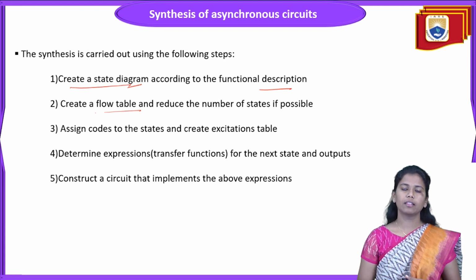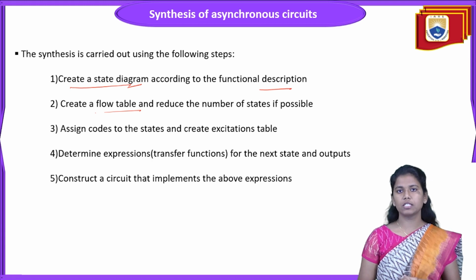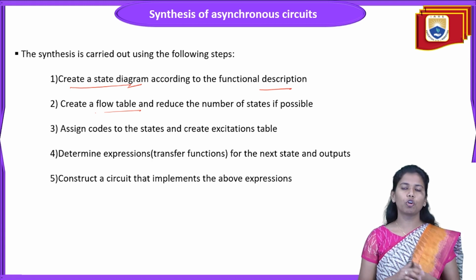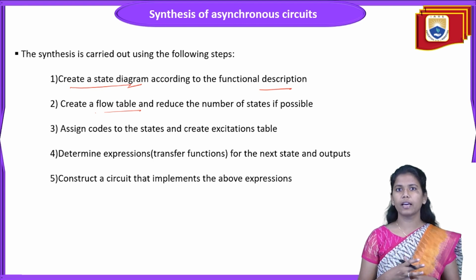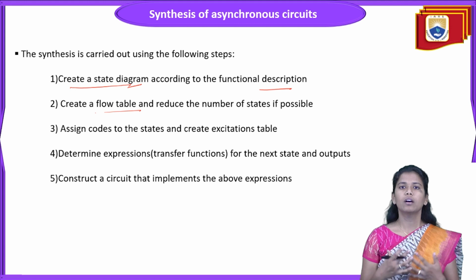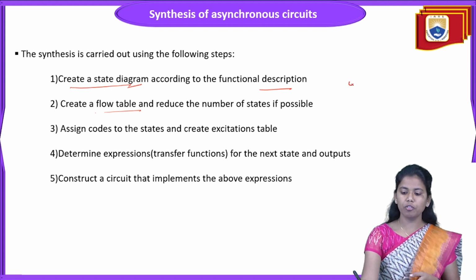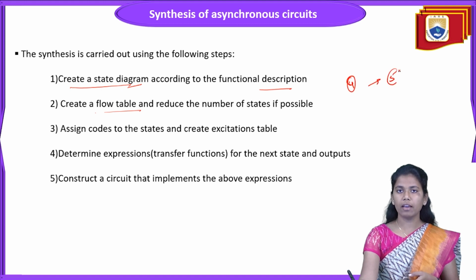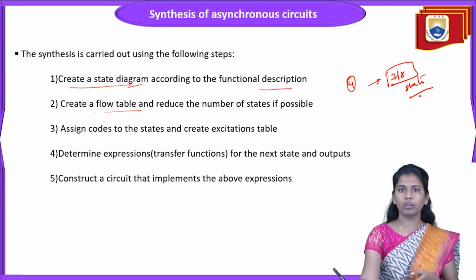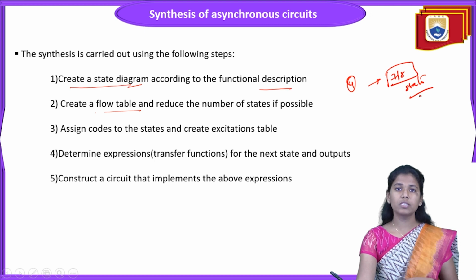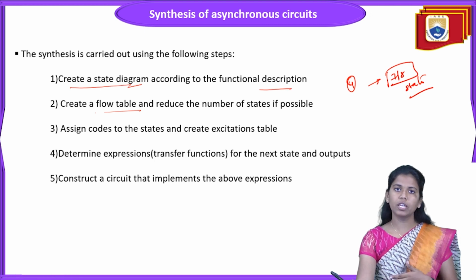Also, it is similar to the synthesis of synchronous sequential machines, where the very first and foremost thing is the state diagram. In the state diagram, if you are having more than the considered states, that means instead of 4 states, for suppose you are having 5, or 7 or 8 states, there is a possibility to go for the reduction of the states.